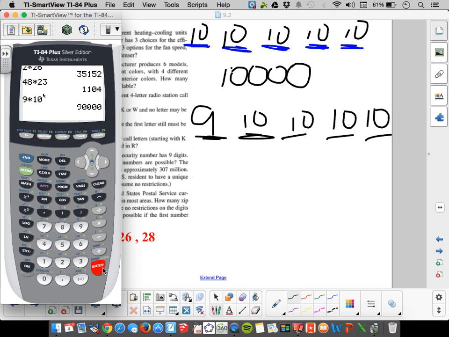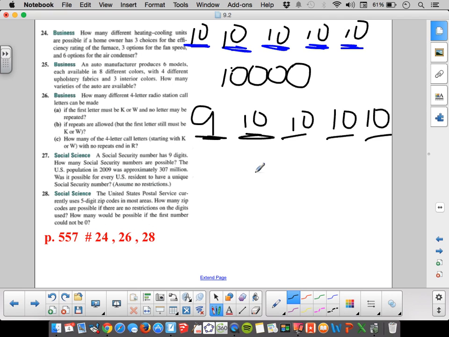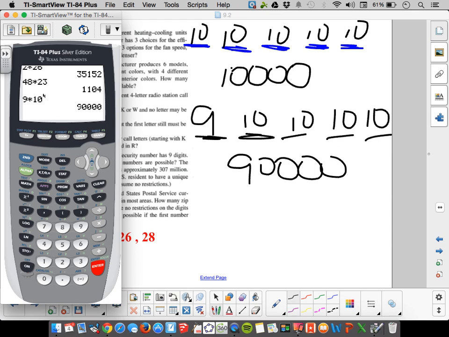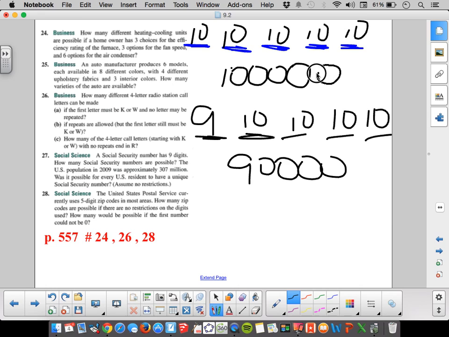And so I get 90,000. Sorry, I missed a 0 on that first one. Should have been 100,000. Alright, so we have those different combinations there.